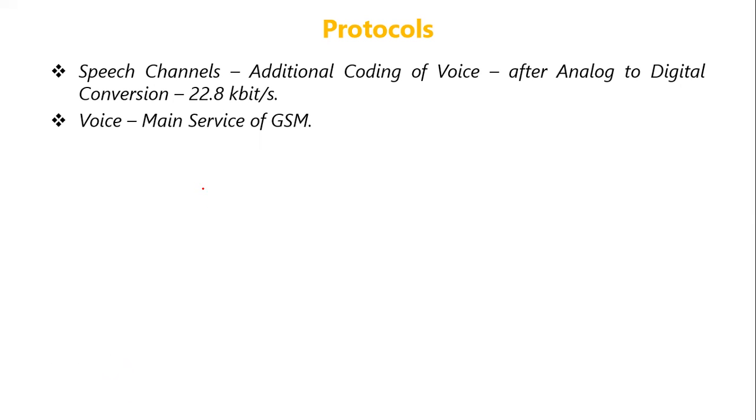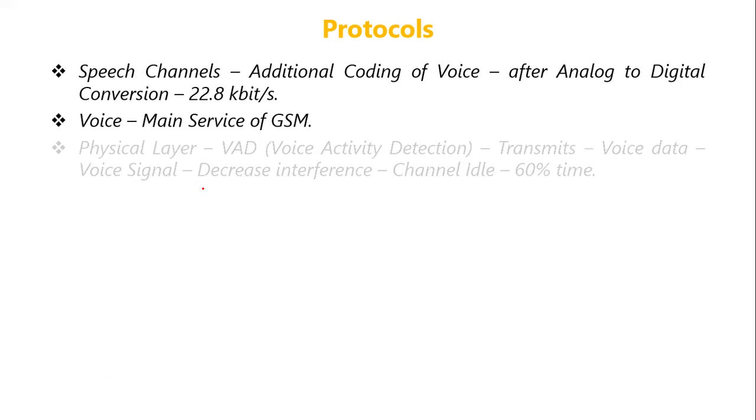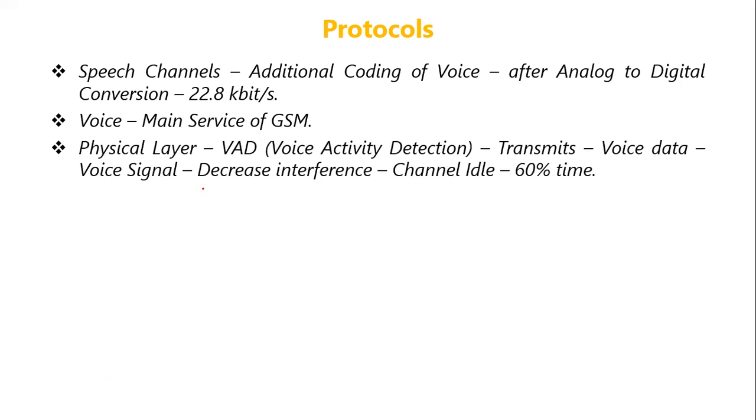So after converting to digital format, it needs additional coding of voice in order to achieve a data rate of 22.8 kilobits per second, because we have to ensure that data rate. For that, it needs some additional coding techniques.